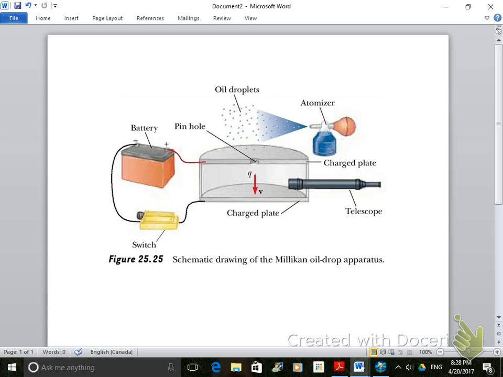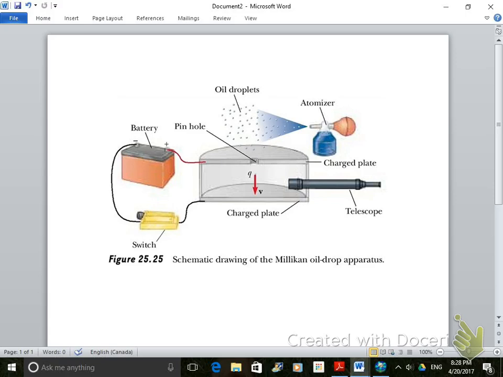So what Millikan did, and again, you have to appreciate the time period, this is a century ago, and they don't have the equipment that we have in our labs today, so they had to come up with a design in order to establish what 1 electron was. So they had to not only figure out how they're going to do it, but then they had to actually build the equipment to do it and then analyze that information.